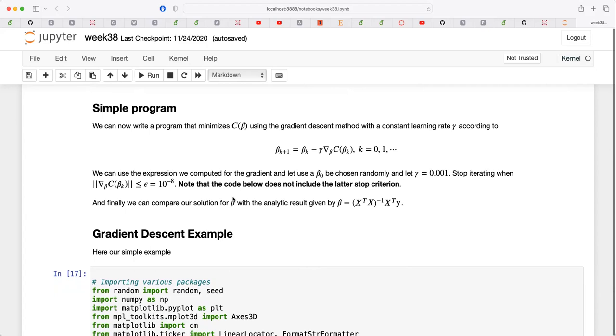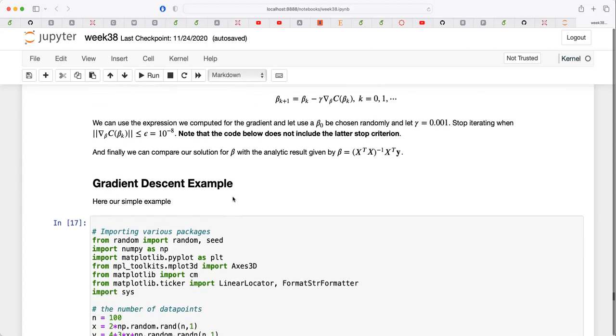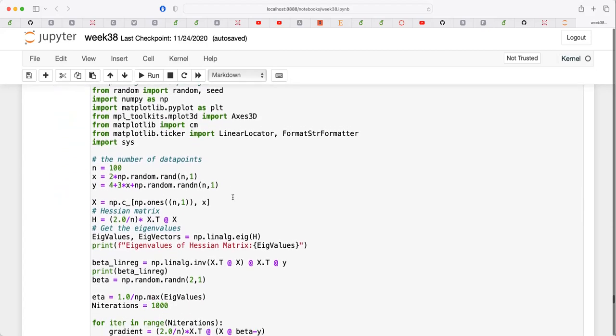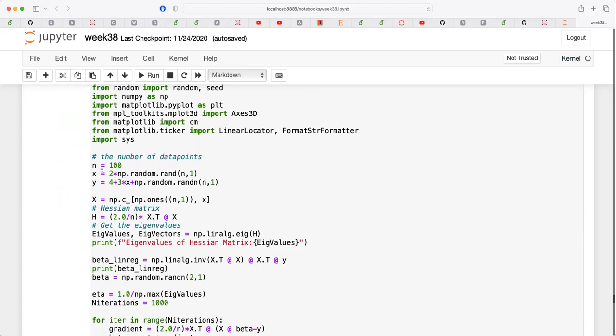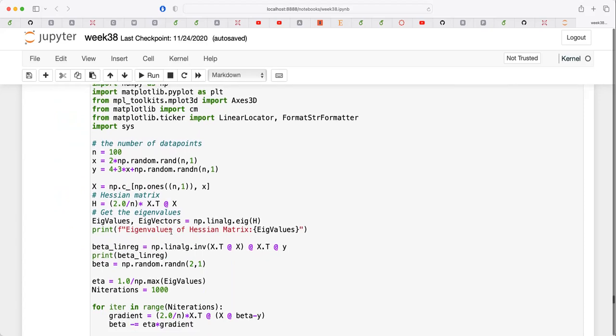So let's take a look now at the code here. It should be pretty straightforward. What you can see is now I set up my data set. I set up the Hessian matrix, as you can see here, and I calculate the eigenvalues of the Hessian matrix because I want to see what kind of parameter gamma would be optimal for this case.